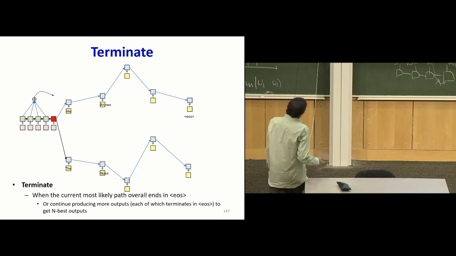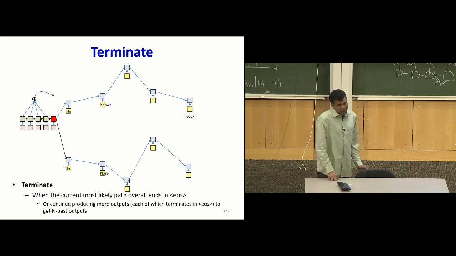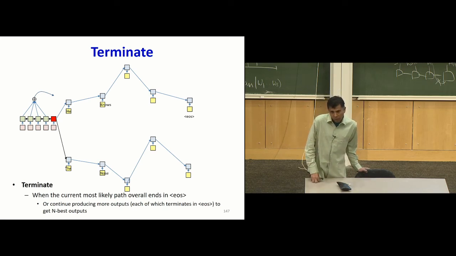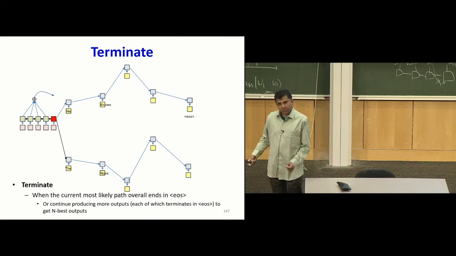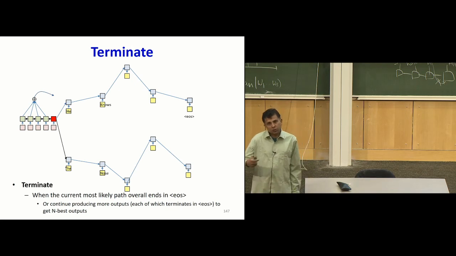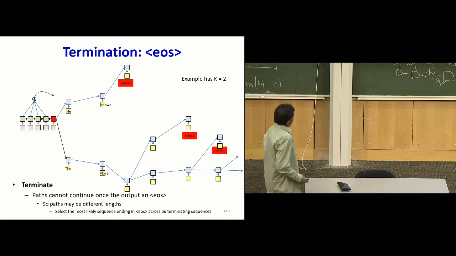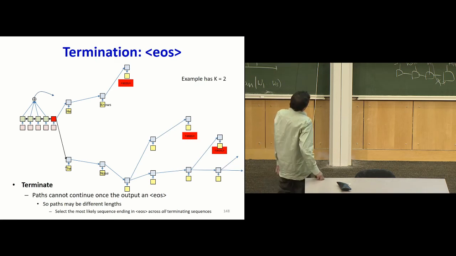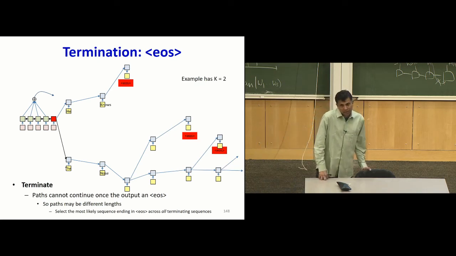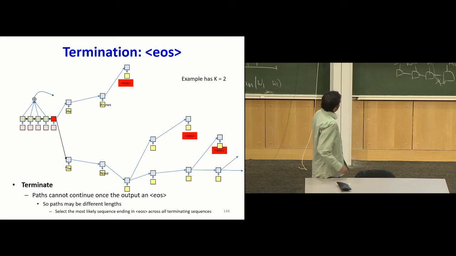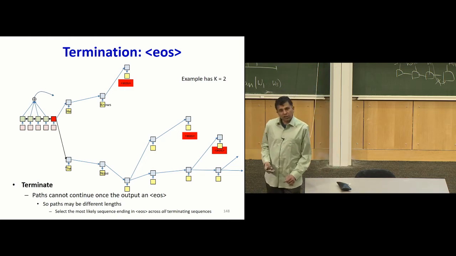And as before, you can either produce one output, or you can produce a sequence of best guesses, in which case after the best guess has been produced, you can continue to extend the sequence to generate other guesses. And again, as before, you can run into situations where you produce an end of sequence symbol that is less likely than some other sequence which can continue to be extended.